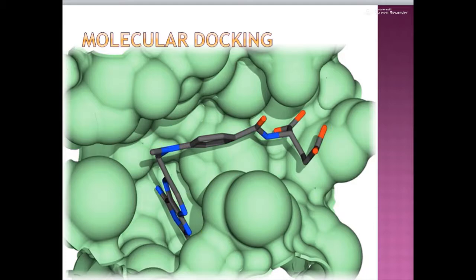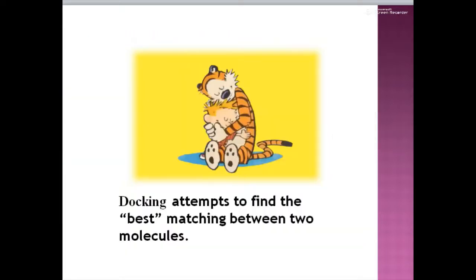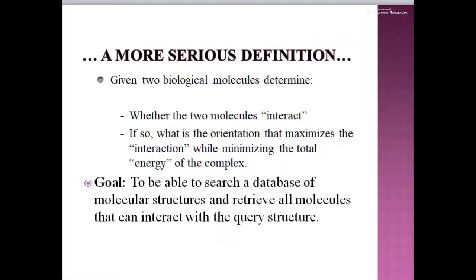So, I guess you got an idea of what molecular docking is. Docking is a process which attempts to find the best matching between two molecules, that is, the best fit between a biological target and its ligand, which is the best match possible between these molecules. That is analyzed by a technique called docking.